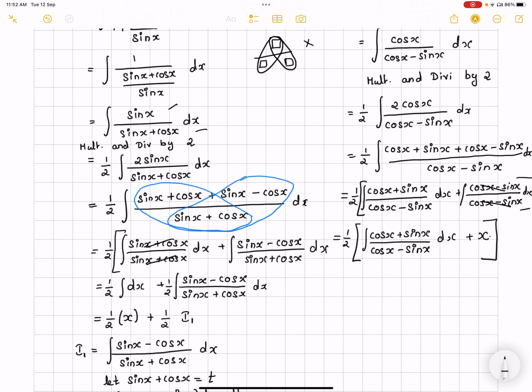I would put that totally after integration. For x there is a c, and for this one also there is a c. Two constants together give another c. So if you want plus c, you can go ahead.